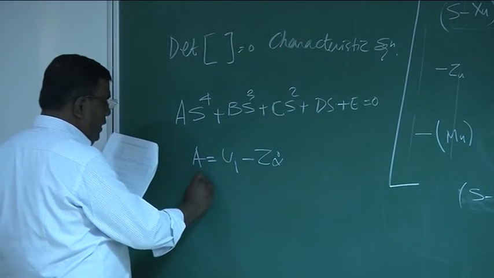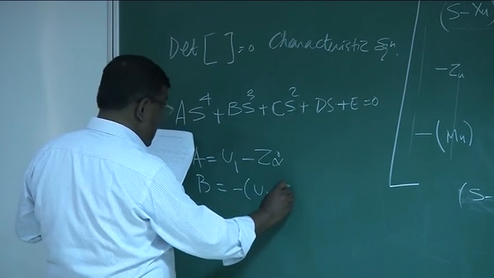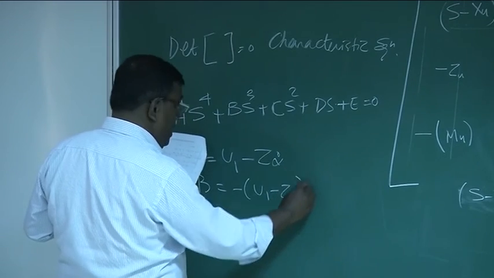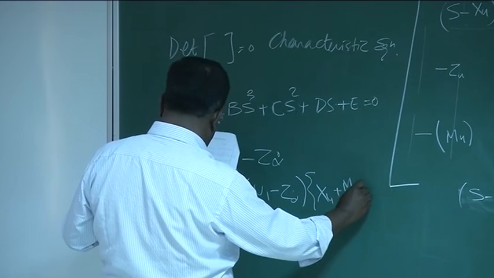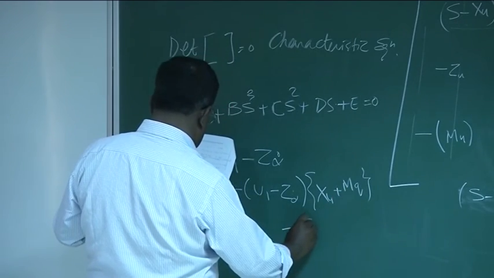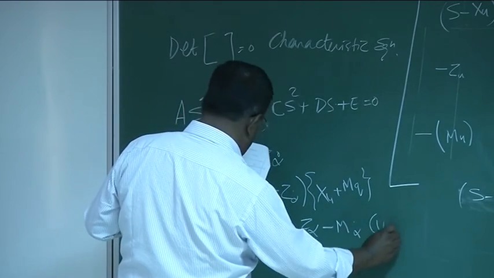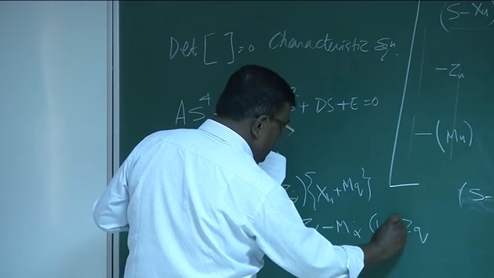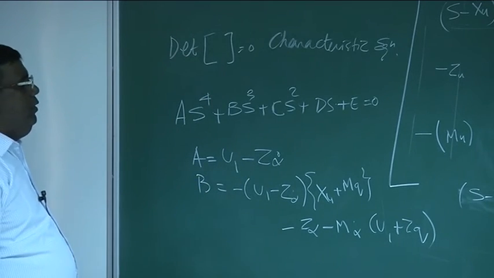Similarly, b you will find will be minus u1 minus z alpha dot into xu plus mq minus z alpha minus m alpha dot into u1 plus zq. Like this, you know. Similarly, c, d, e, f and all.